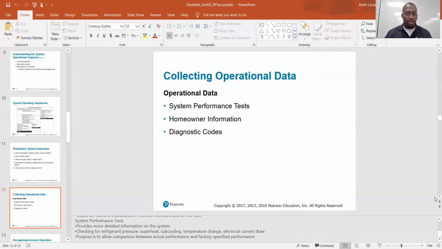So yeah, you want to compare your data to the data tag and see where you stand. If your amps are supposed to be 20, you're coming in at 25, you're overamping, or if your data tag says your target subcool is 8 and you're coming in at 3, then yeah, you're low.